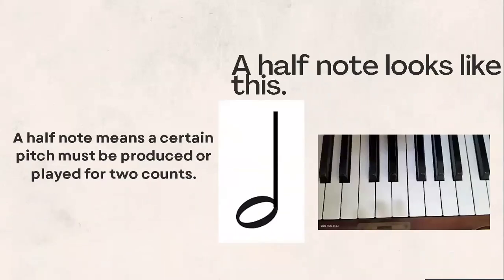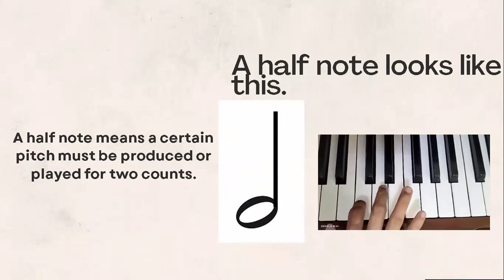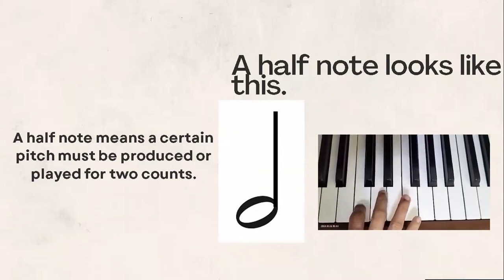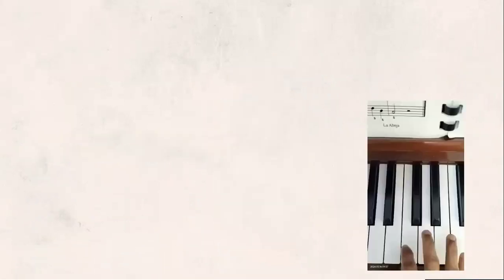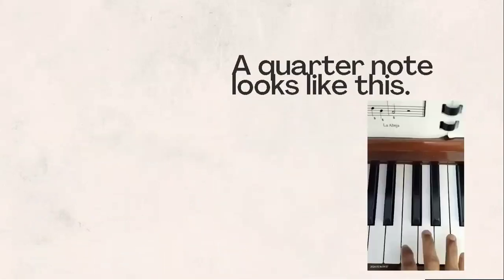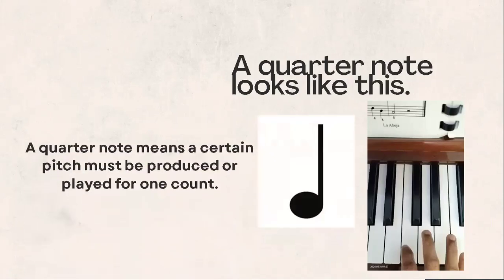A half note means a certain pitch must be produced or played for 2 counts. A quarter note looks like this. A quarter note means a certain pitch must be produced or played for 1 count.